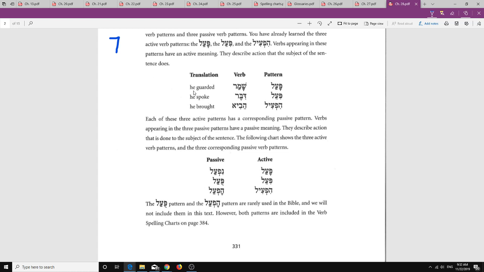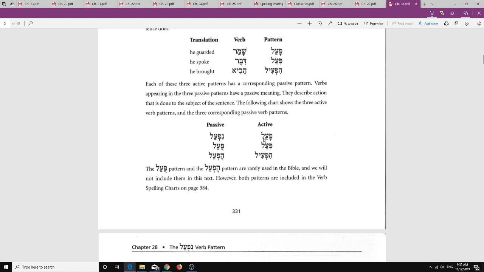So for instance, maybe he was guarded, he was spoken about, he was brought. Those would be passive voice versions of this. Well, each of our active stems has a correlating passive stem. So in the pa'al, we have the niphal, which is what this chapter is about. In the pi'el, we have the pu'al, and in the hifil, we have the hofal.